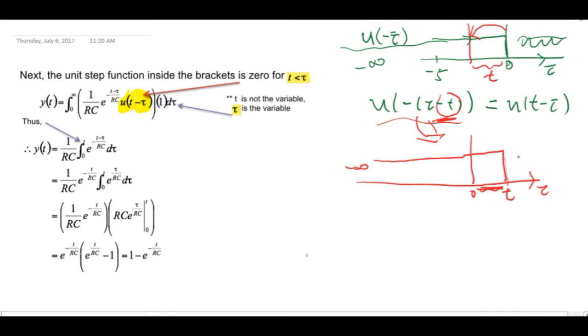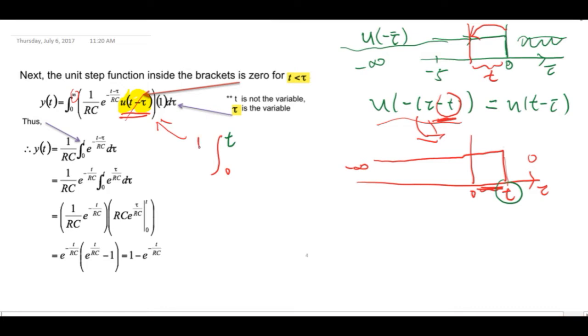Anything where tau is bigger than t is equal to 0. By doing that, we can then replace this integration so that it integrates from 0 to t, simply because of that.